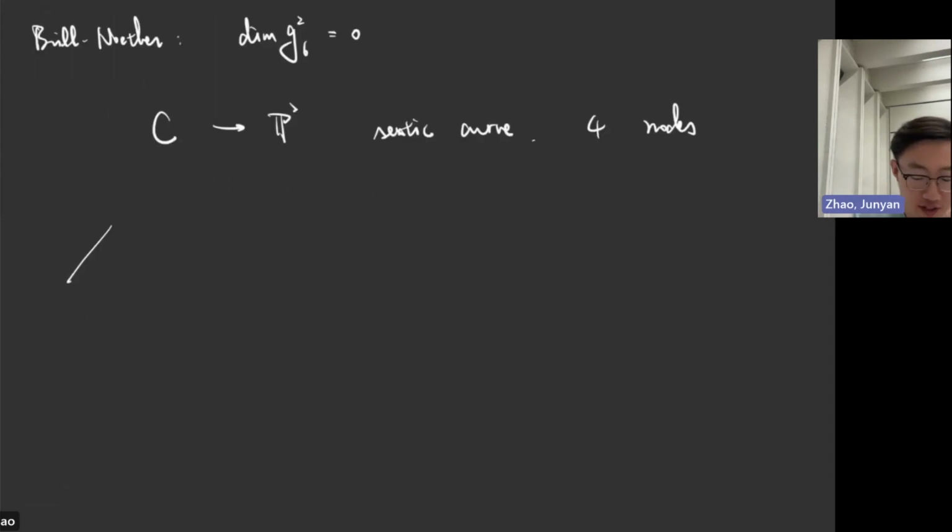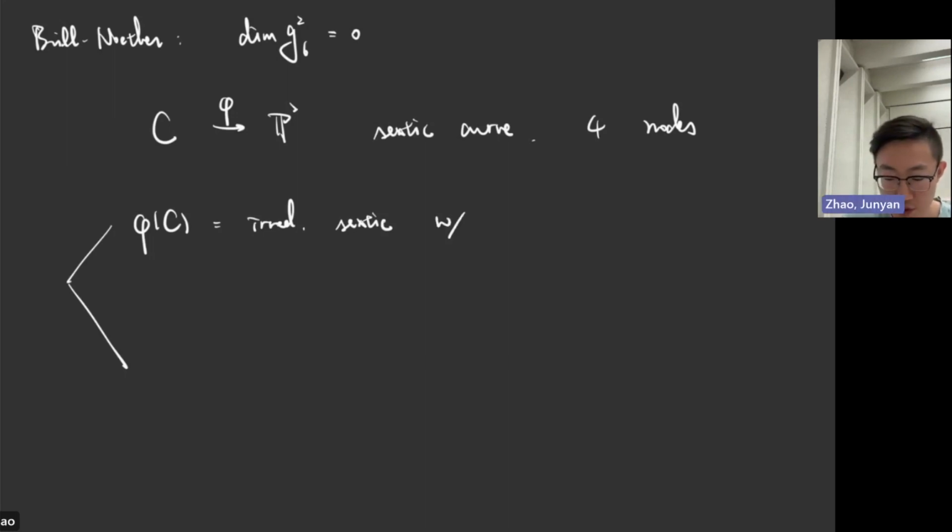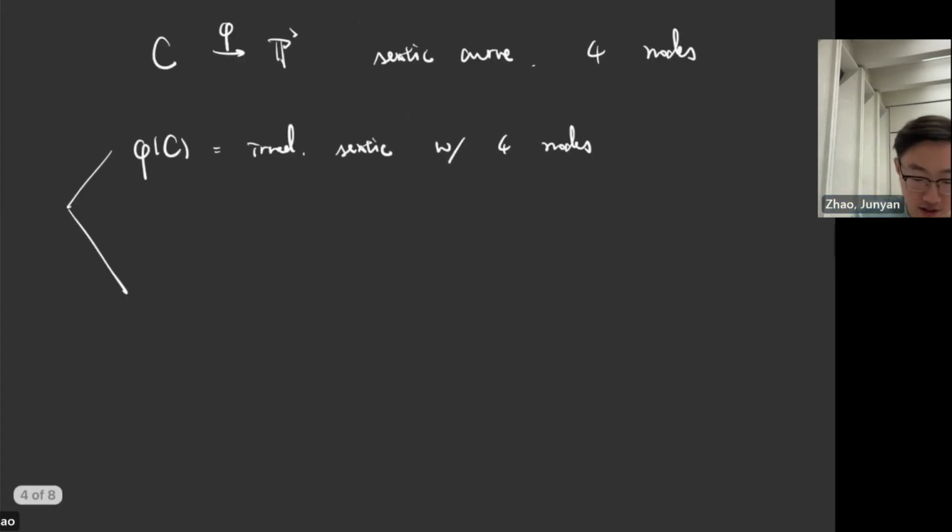So there are 2 cases. Either, okay, let me call this phi, either phi of C is an irreducible plane sextic curve with 4 nodes, or C is called special. By definition, it means that the dimension of the linear system we compute is bigger than 0.